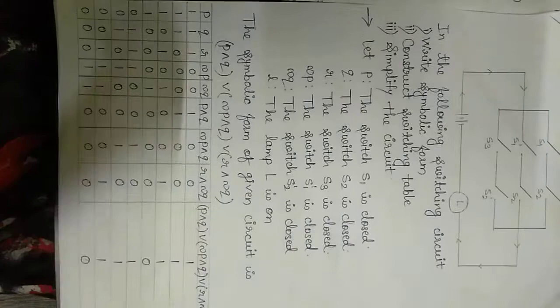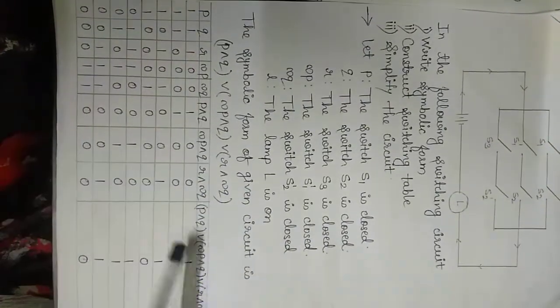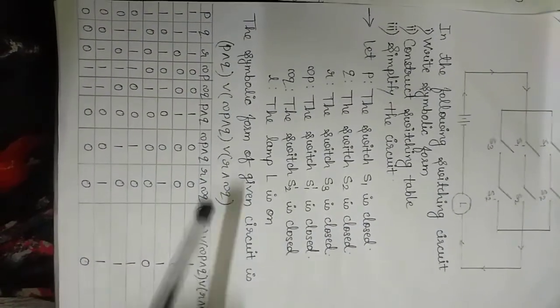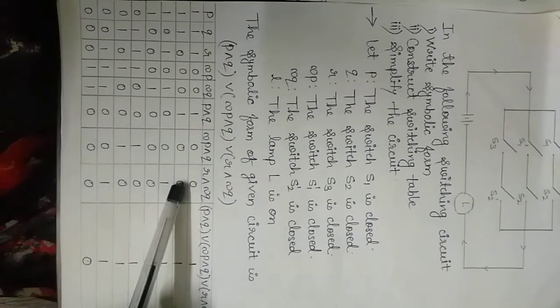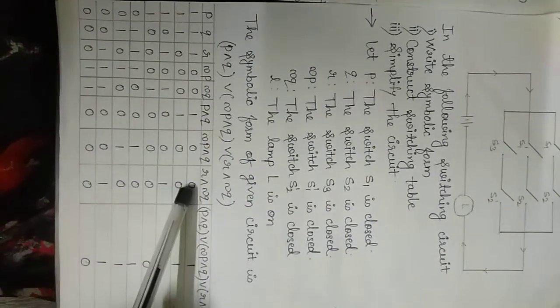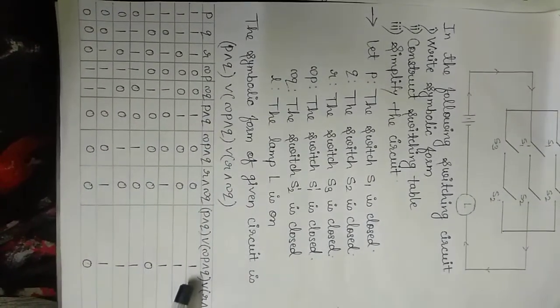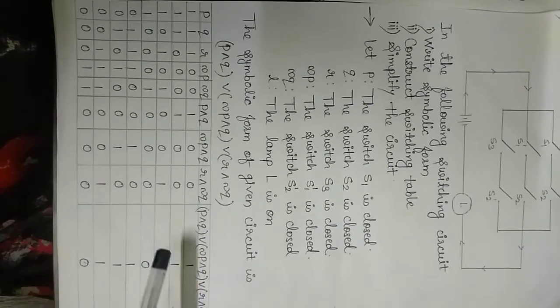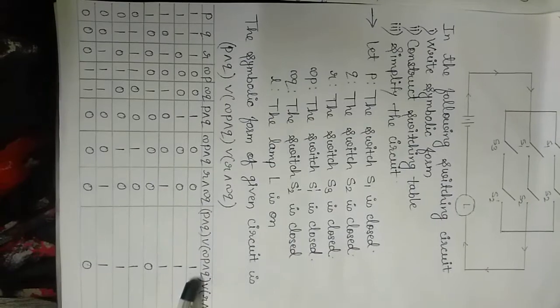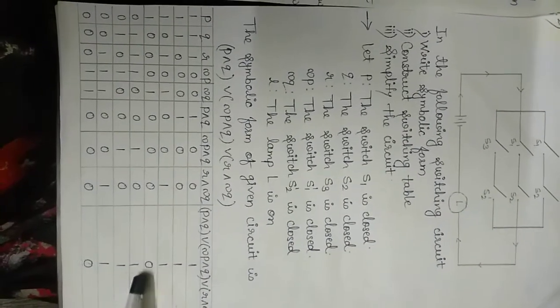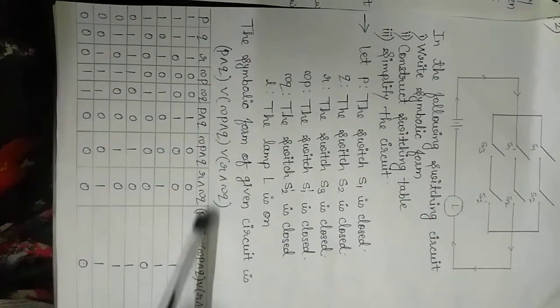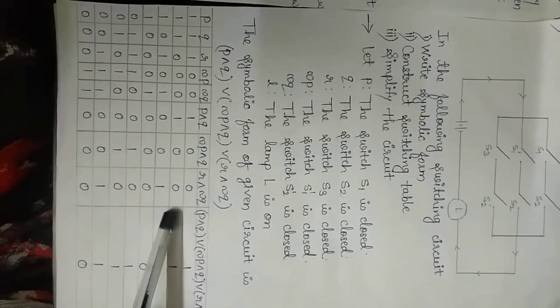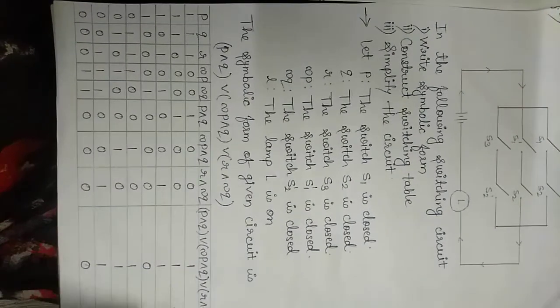And finally we want OR for these 3 statements. That means out of these 3, if anywhere we have 1, then we can write as 1, otherwise 0. So we are getting 1 1 1 0, then 1 1 1 0. So this is nothing but our input output table, or we can say switching table.